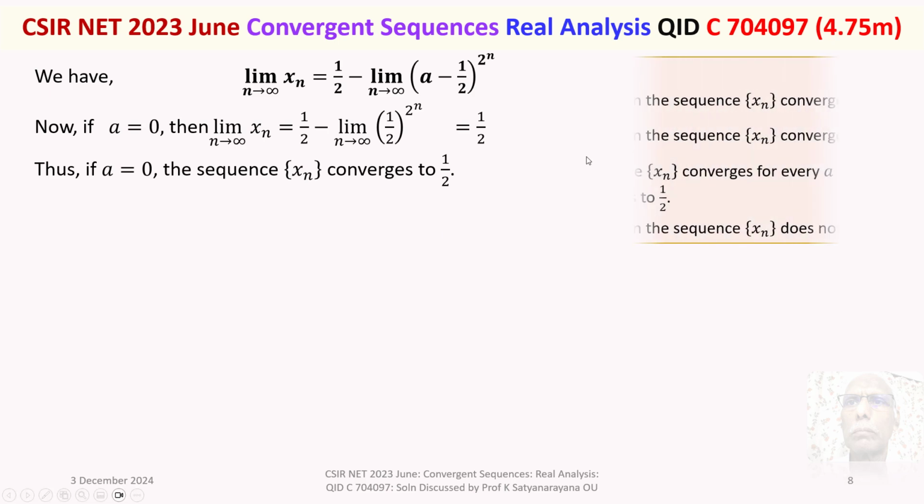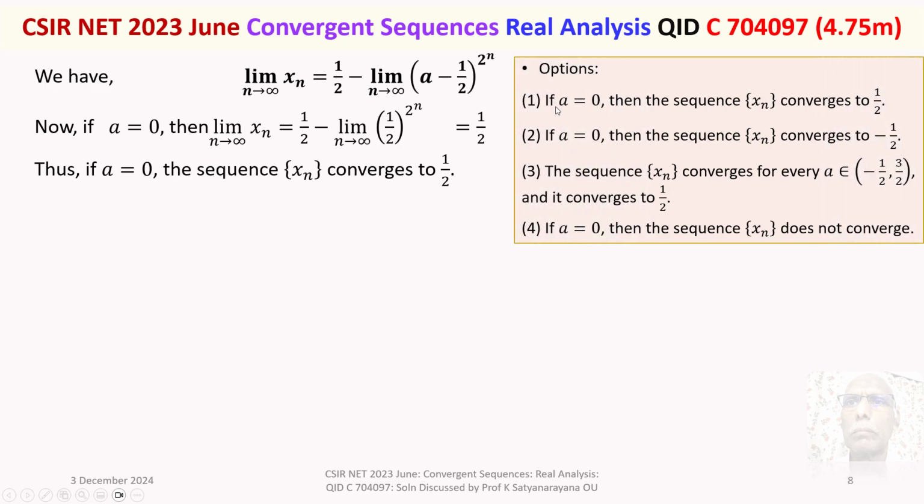Let's look at our options. Option 1 says if a is equal to 0, then the sequence xn converges to 1 by 2. Thus, option 1 is true. Now, option 2: if a is equal to 0, then the sequence xn converges to minus 1 by 2. No, it is converging to half only.